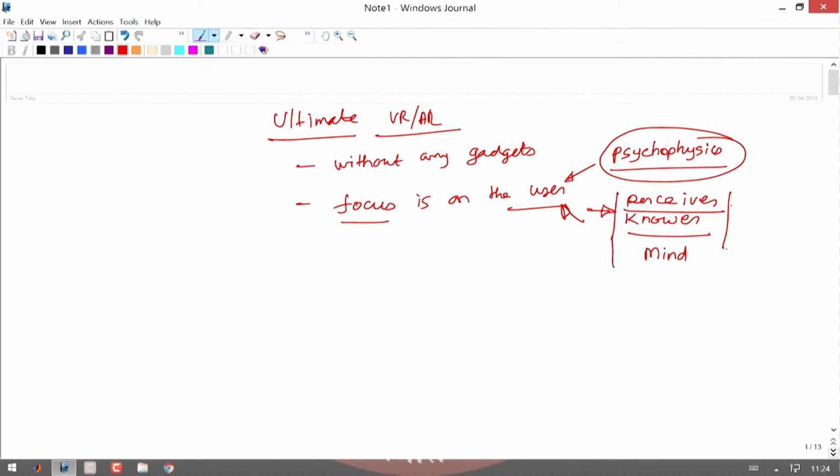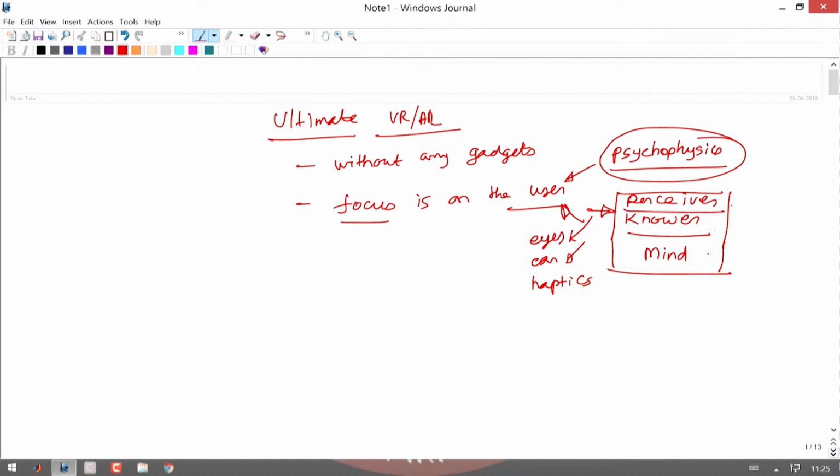Okay. So, do we know the properties of this perceiver or the knower or the mind? We know the physiological properties of the eyes. We know the properties of the ears. We saw the psychophysics of the eyes, the psychophysics of the ears, the psychophysics of haptics, right.